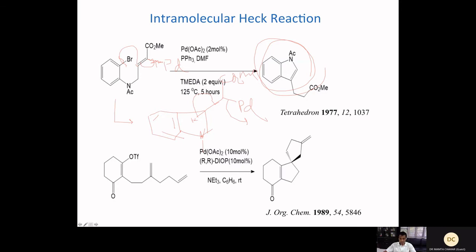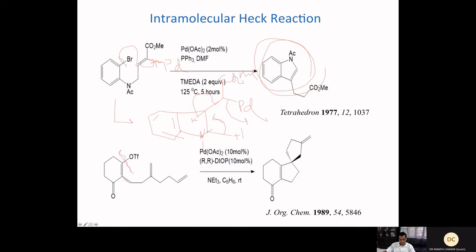Or the double bond isomerization simply gives you the opportunity to further isomerize this double bond to give you the indole product, which I thought is quite exciting, right?